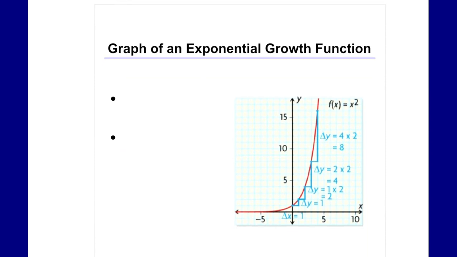We graphed our exponential growth, and we see it here as well. Some characteristics of it: we see that sharp, quickly increasing curve. And the first and second differences are related by multiplication. So we see these values changing: the change in y goes up 1, then 2, then 4, then 8 in this example.